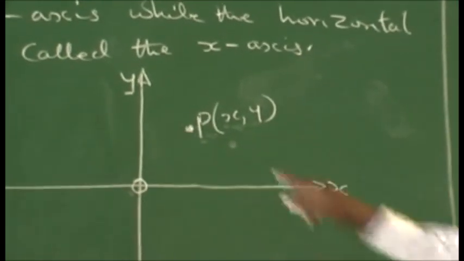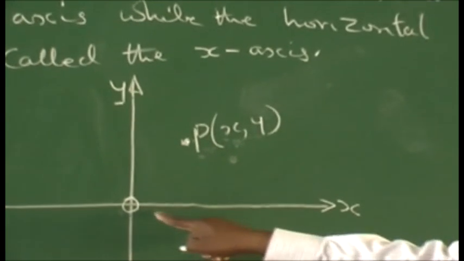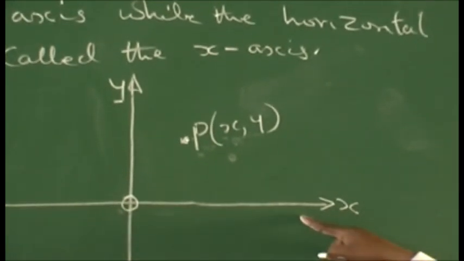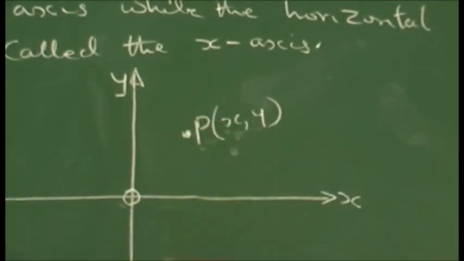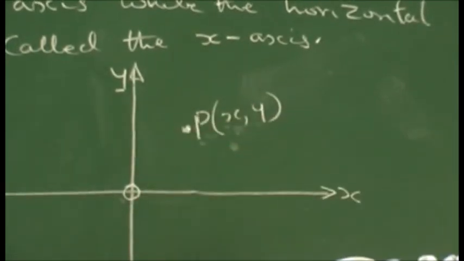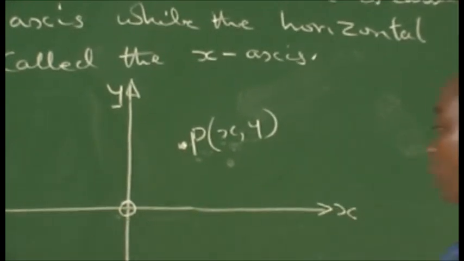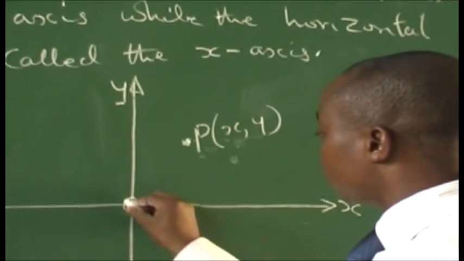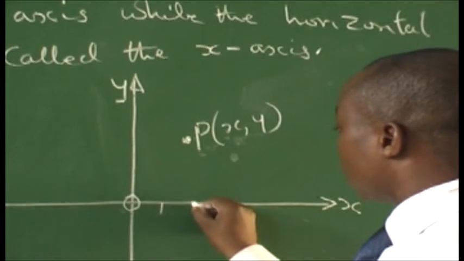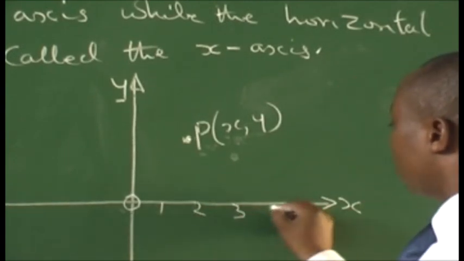So that x will stand for a number on the x-axis, and also y will represent a number on the y-axis. Now, for instance, this is 0, I have 1 here, 2, 3, 4.